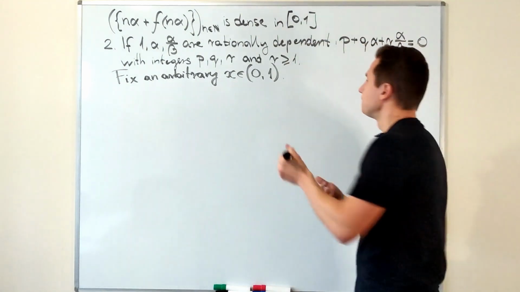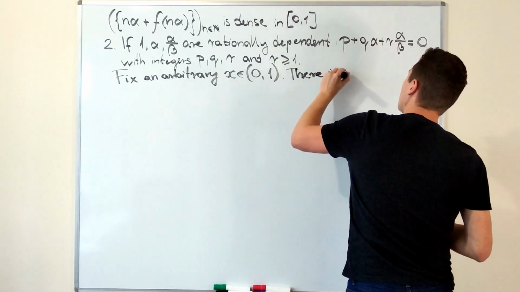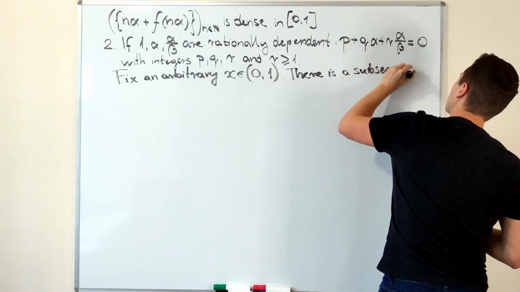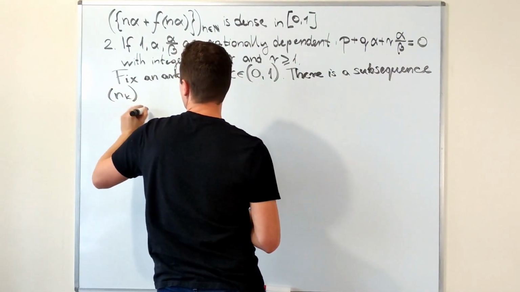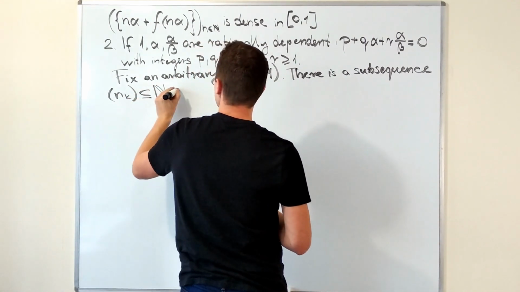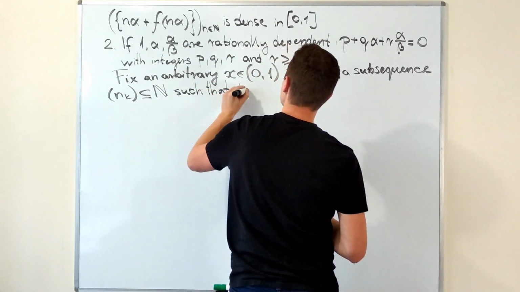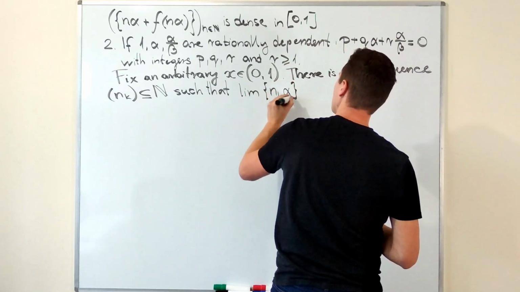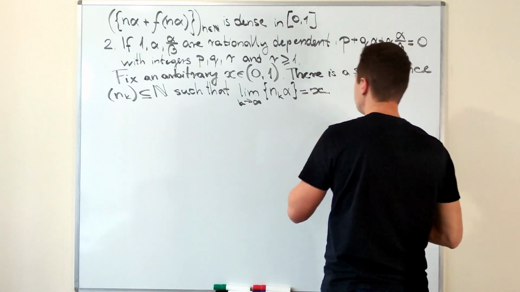So there is a subsequence of the sequence of natural numbers such that the limit of the fractional part of nk times alpha as k goes to infinity will be this x.